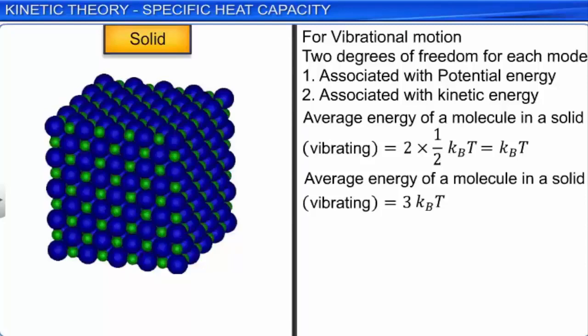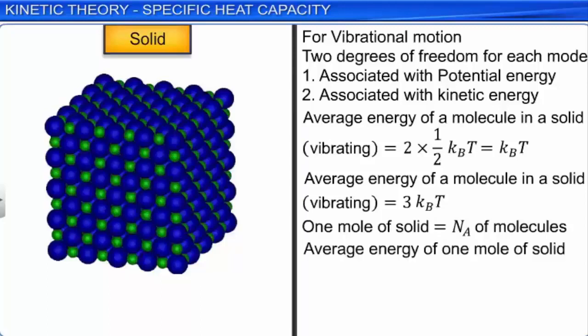For 1 mole of a solid, the number of molecules is equal to the Avogadro's number, and the average energy is equal to Na into 3 kBT. Since the product of the Avogadro's number Na and Boltzmann's constant kB is equal to the universal gas constant R, we get the total average energy of the molecules as 3RT. This average energy of the molecules is equal to the internal energy of the molecules.